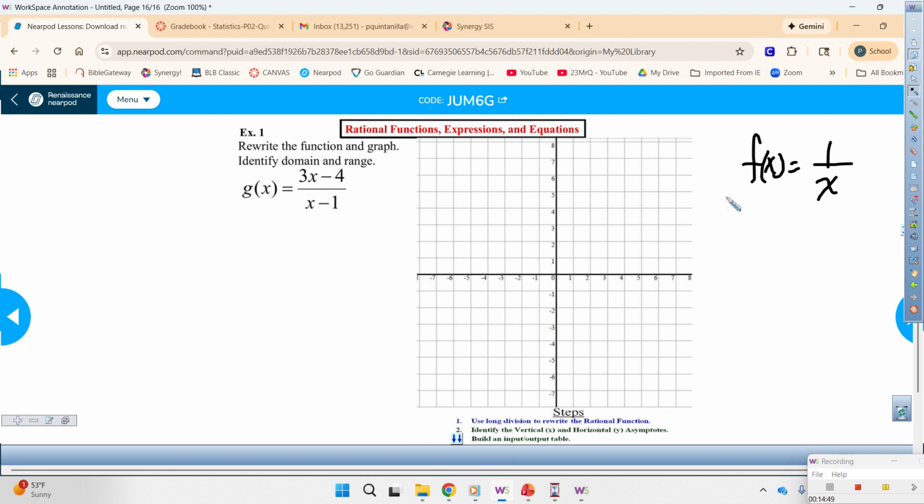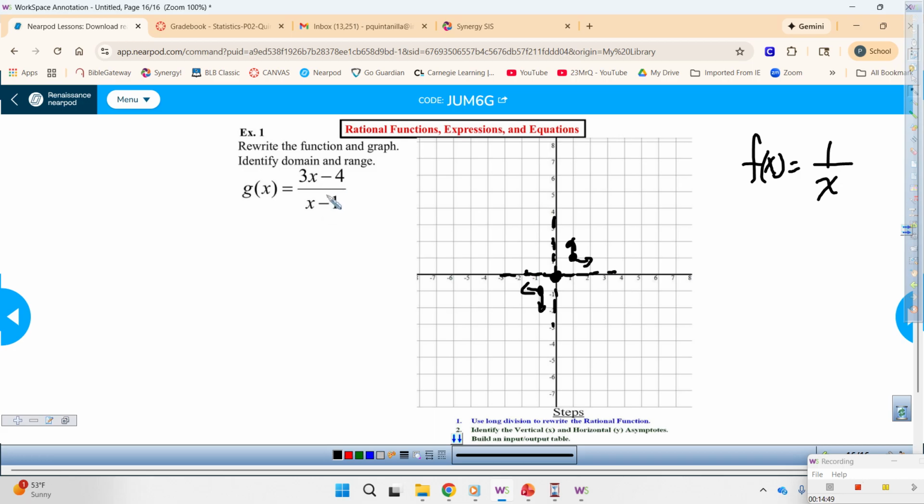So, f of x, once again, the HA is at 0. VA is at 0. 1 point there, 1 point here. But now we need to move it accordingly. You're like, oh snap, that looks different, Mr. Q. What do we do here?